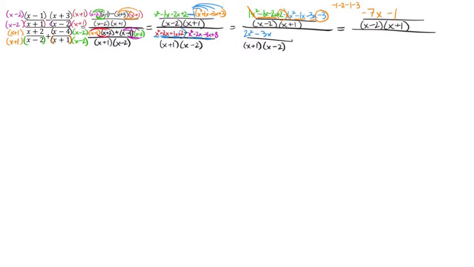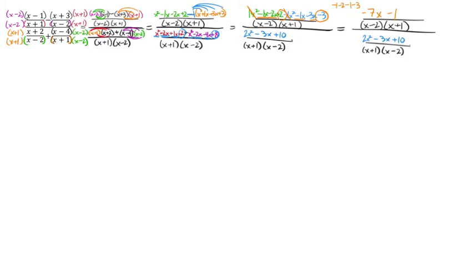Then we got the constants of 2 and 8, positive. 2 plus 8 then is positive 10. There it is. Now again, this trinomial should be simplified. So I'm just going to take that denominator and move it over into this next part of the fraction.